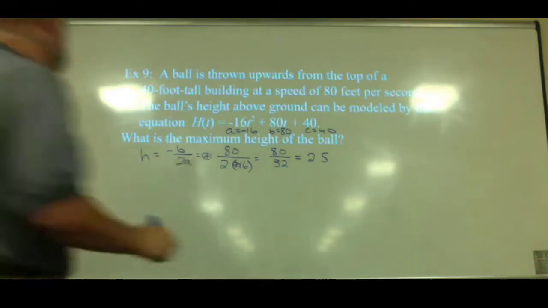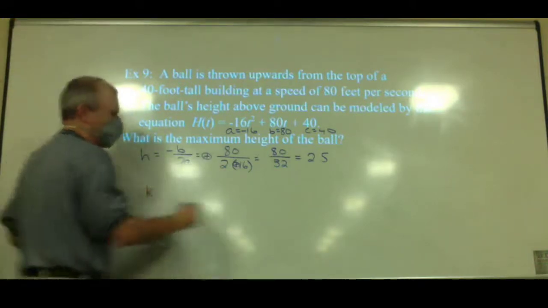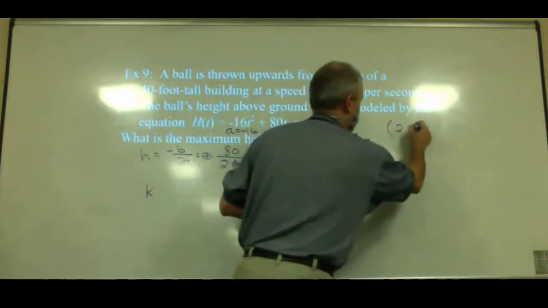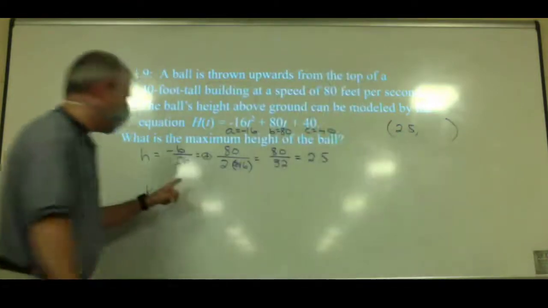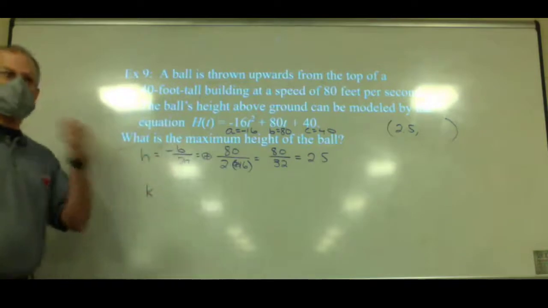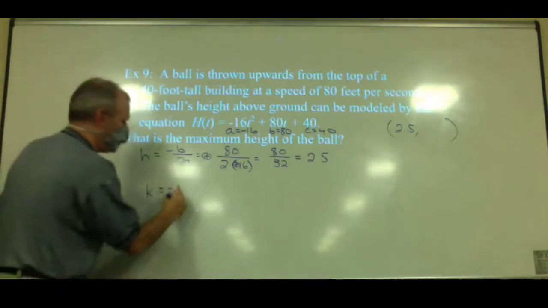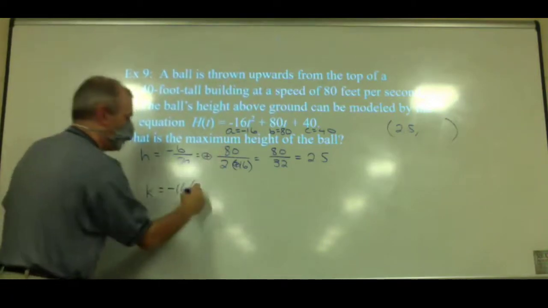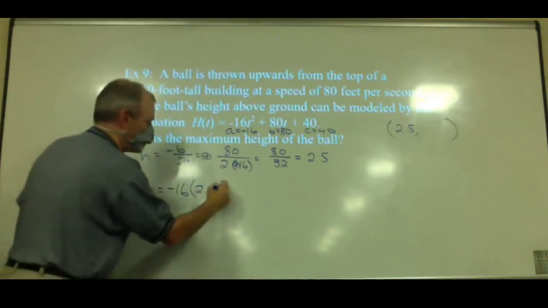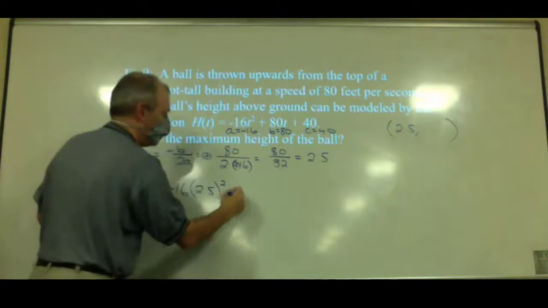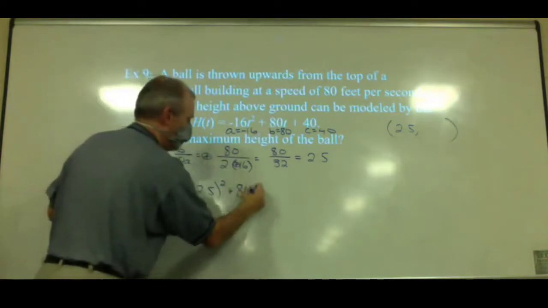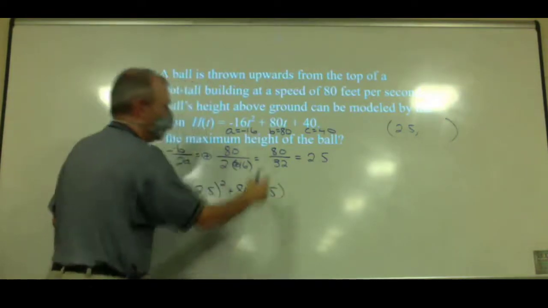That's the K value. So to find K, remember we just plug it in. So K is going to be negative 16 times 2.5 squared, plus 80 times the 2.5, and then plus 40.